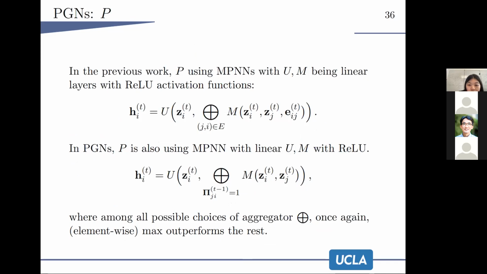And this time, we also have a similar design for the processor network P component. Once again, the MLPs are linear layers with ReLU activation functions, and the aggregator being used is also element-wise maximization, because this one performs the best. Sorry, a lot of typos in the slides. I will correct it later.